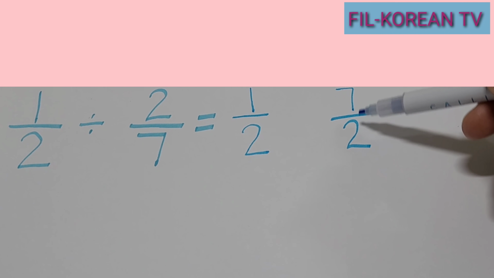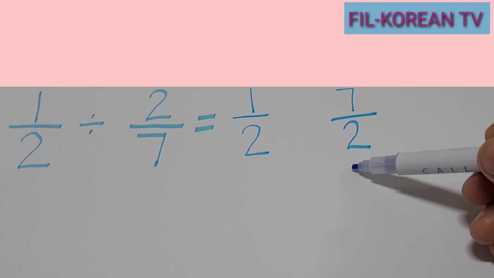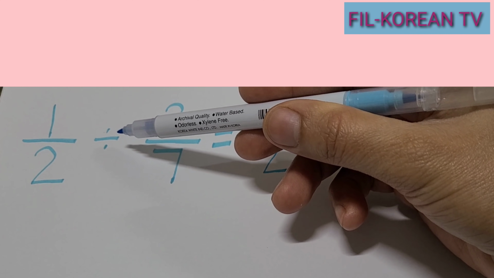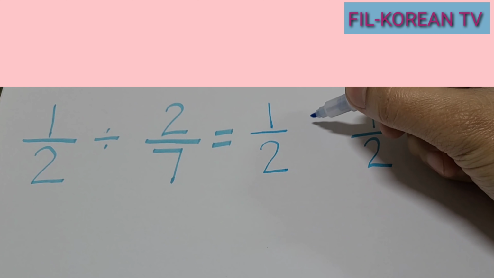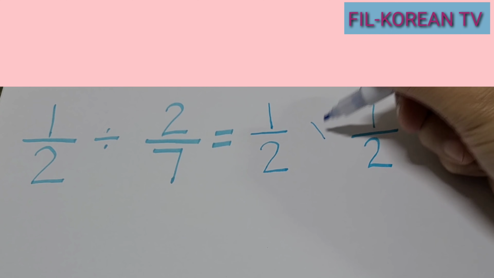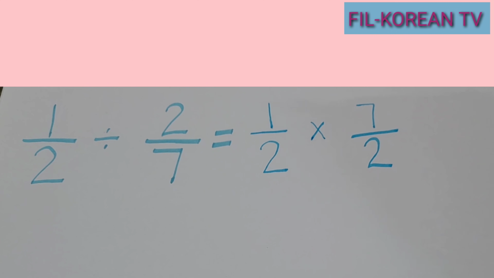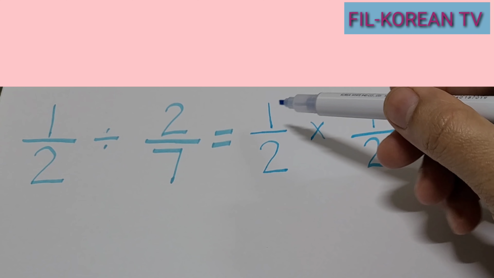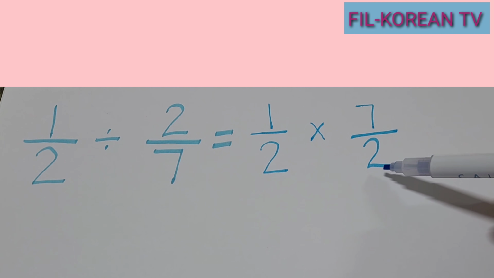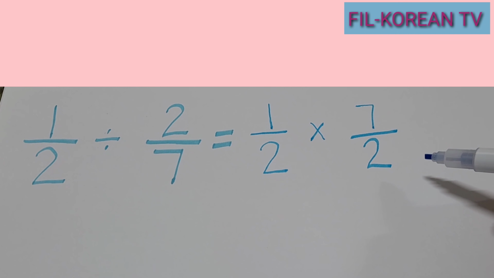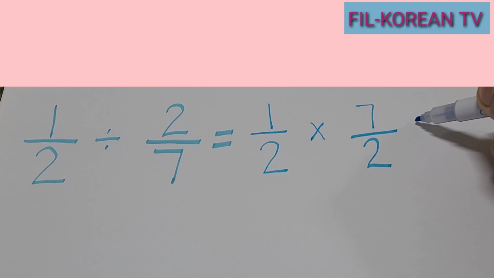So, ito yung reciprocal niya. Next step, we will change division into multiplication. Gagamitin natin yung times. The next step is to multiply the numerators and multiply also the denominators. Or we can use cancellation if possible.